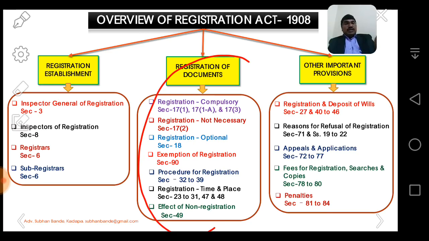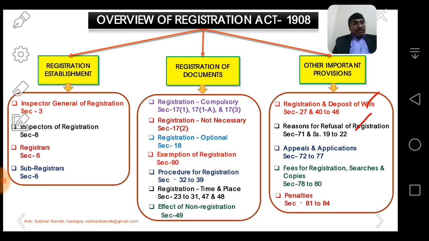These are enumerated under part 2 of this video lecture. The registration and deposit of wills. Reasons for refusal of registration. Appeals and applications. Fee for registration, searches and copies, and penalties is specified under other important provisions.